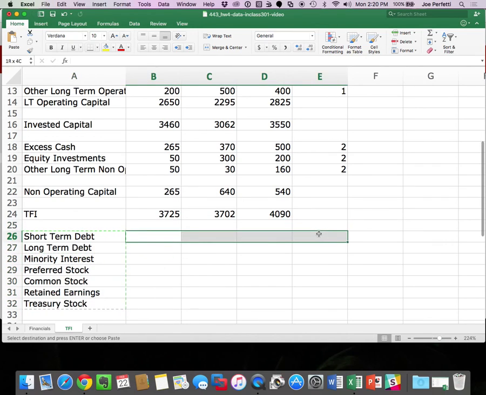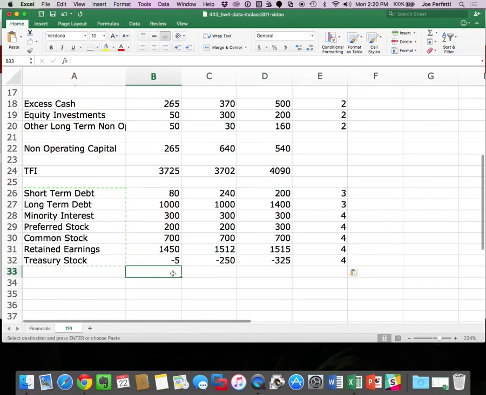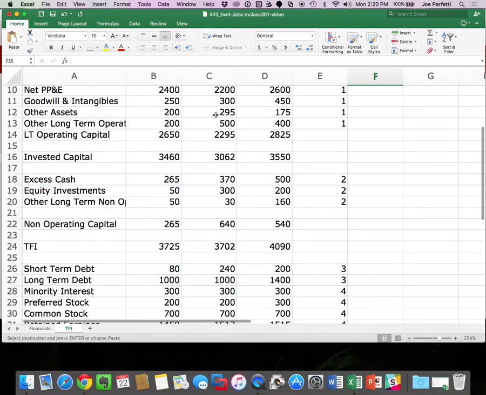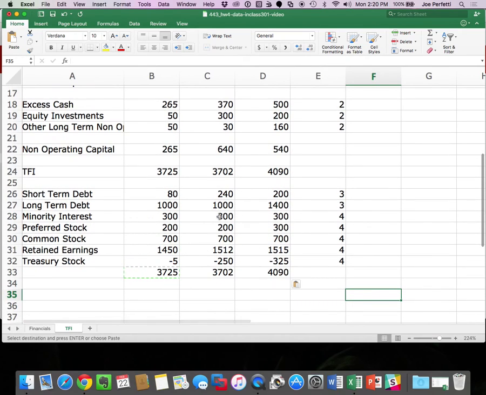Those are my 3s and my 4s. If I did it right, my 1s and 2s equals my 3s and 4s. So again, this is my operating capital, this is my non-operating capital, and this is how I'm financing my total capital. Right? That is the rearranged TFI that we were creating.